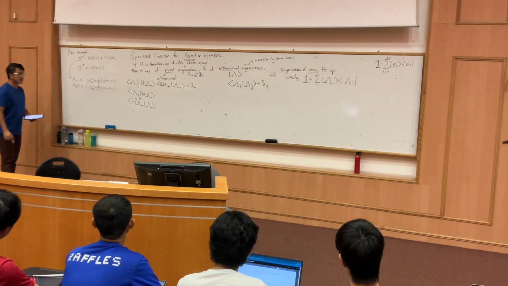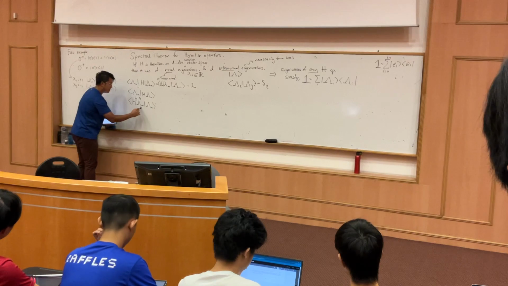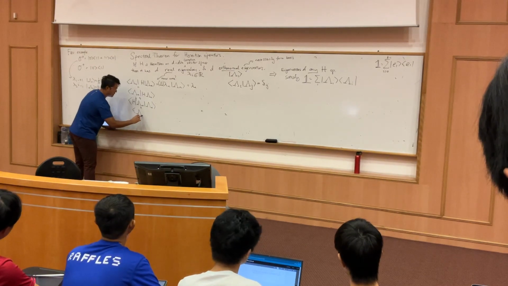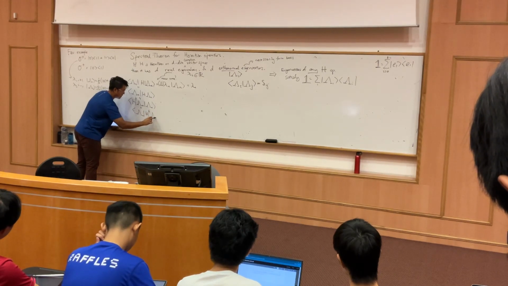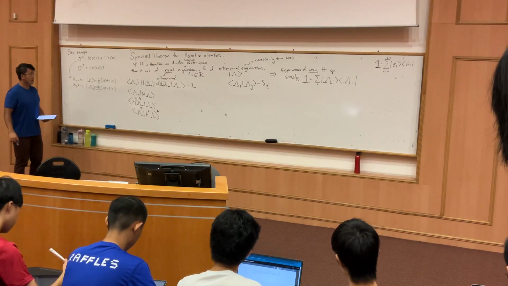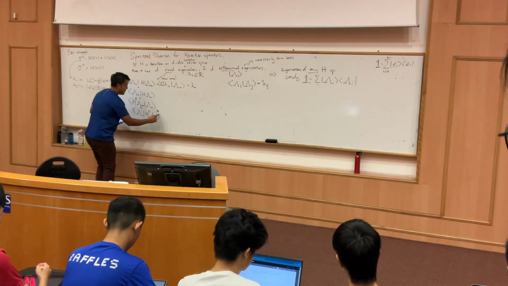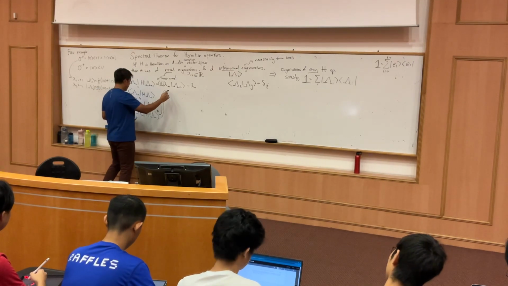So by definition, that's the adjoint of the operator. And then I can also swap the ordering up to a complex conjugate. This is by the property of the inner product. And now I use the property of being Hermitian to get rid of this dagger.